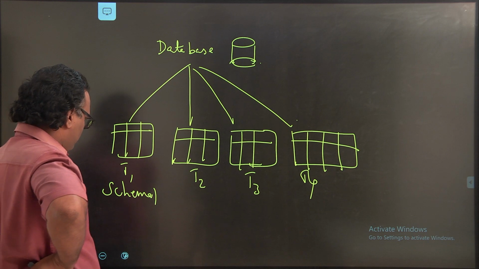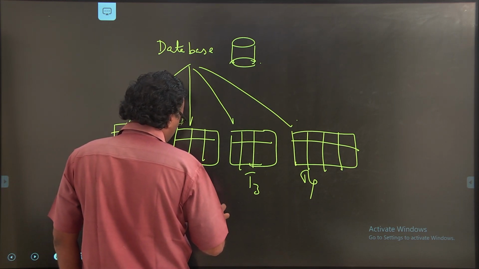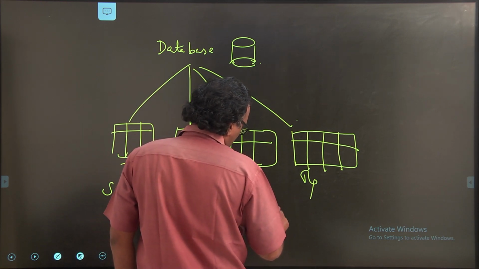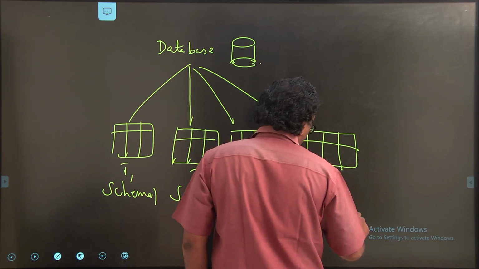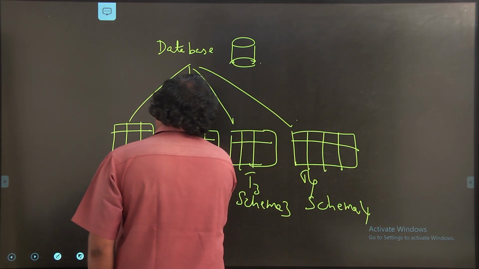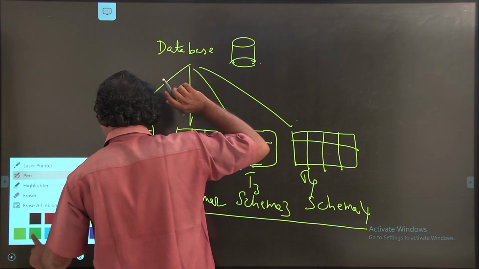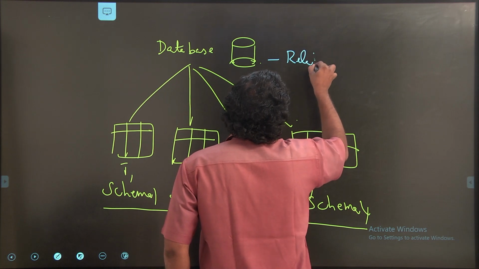Similarly, it is also having schema 2, schema 3, schema 4. Combining all the schemas, you can also have a schema called the relational database schema.